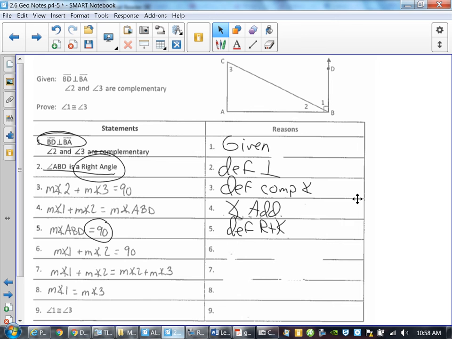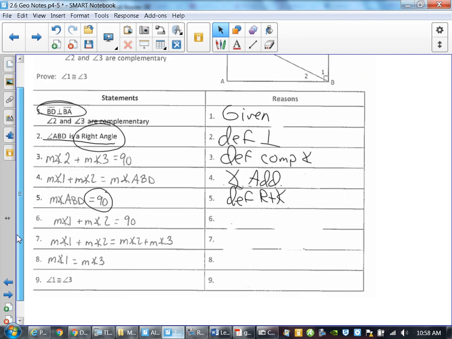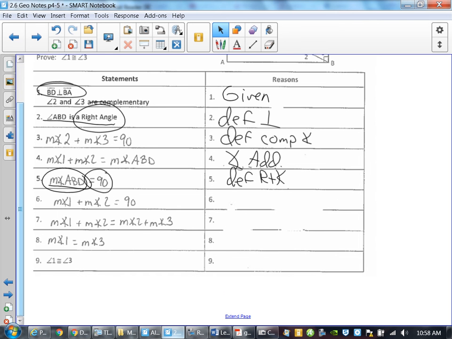Now, why do angles 1 and 2 have to equal 90? Look at where we have angles 1 and 2 represented, or ABD represented before. We have ABD here, here, and here. We have 1 and 2 here. Hey, 1 and 2 is ABD. ABD is 90.